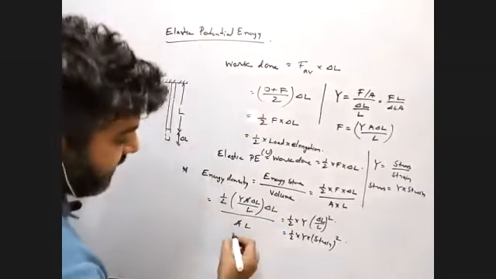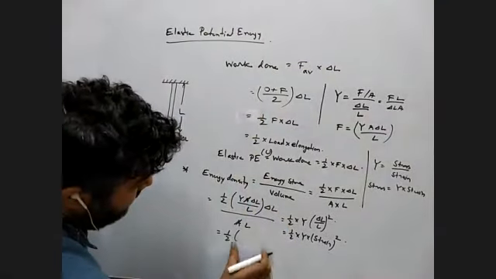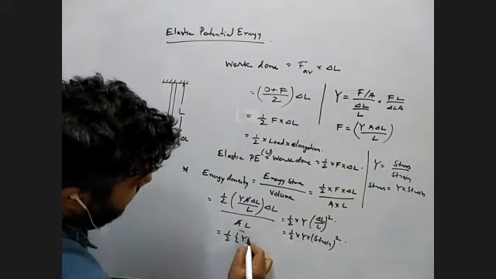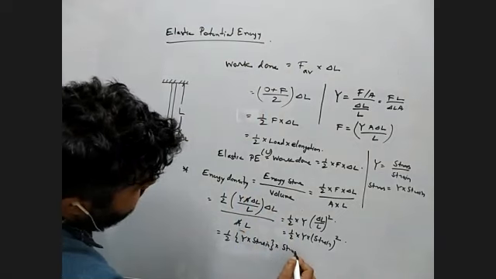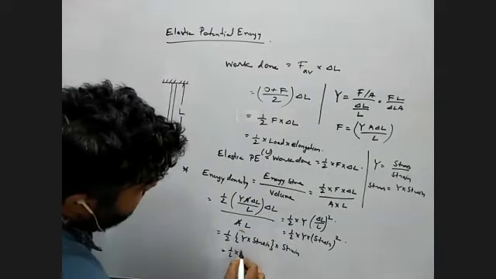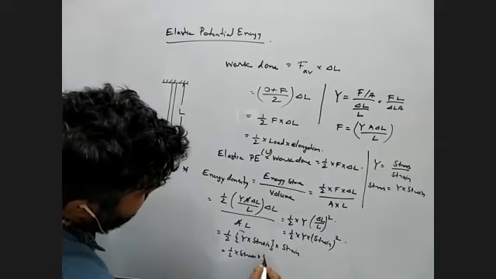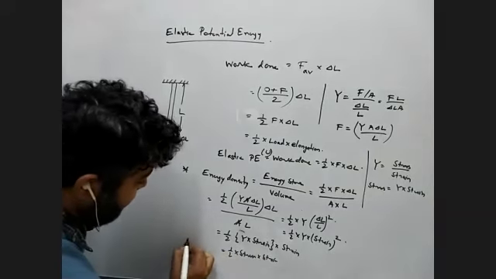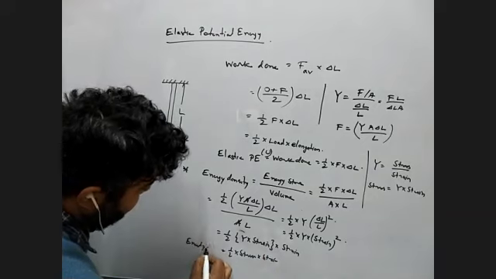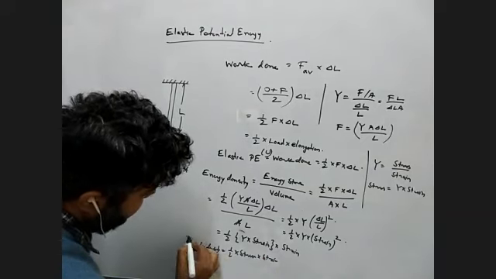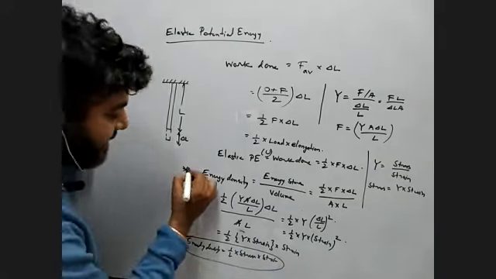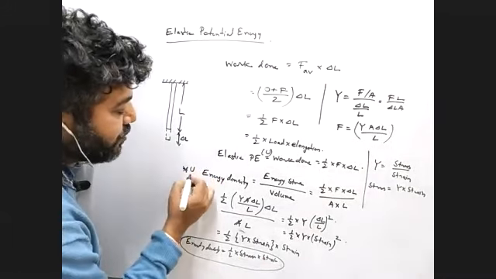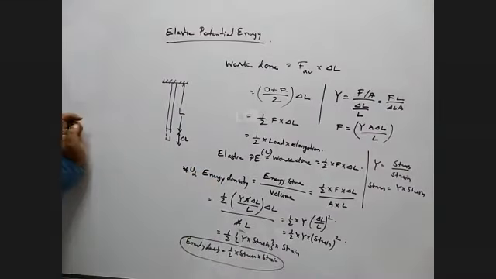So here we have half Y into strain, so we can write half stress into strain is the energy density. Can we write this? This energy density is represented by the symbol U with the suffix D for density.